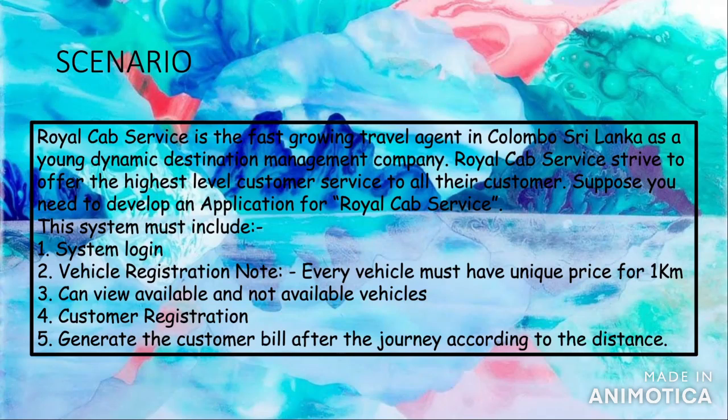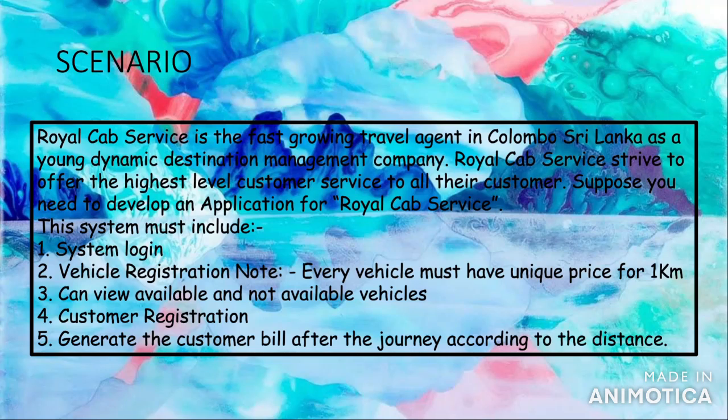This is the scenario I have given. Royal Cab Services is the fastest growing travel agent in Colombo, Sri Lanka. As a young dynamic destination management company, Royal Cab Service strives to offer the highest level of customer service to all their customers. Suppose you need to develop an application for Royal Cab Service.